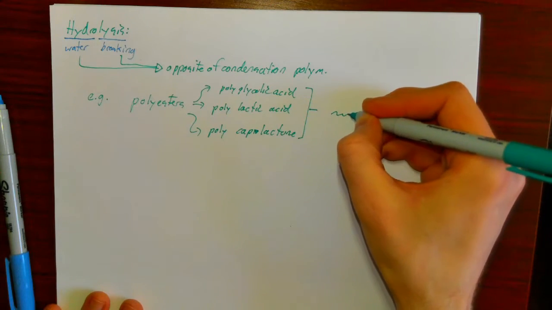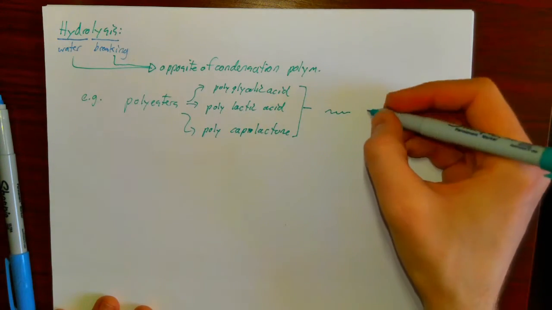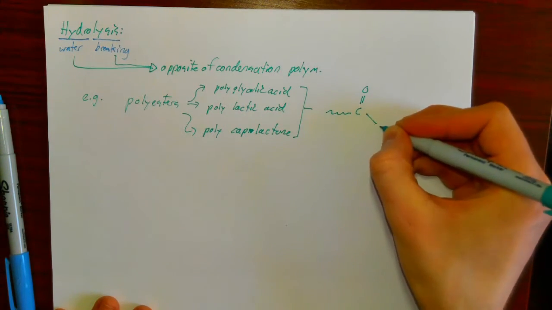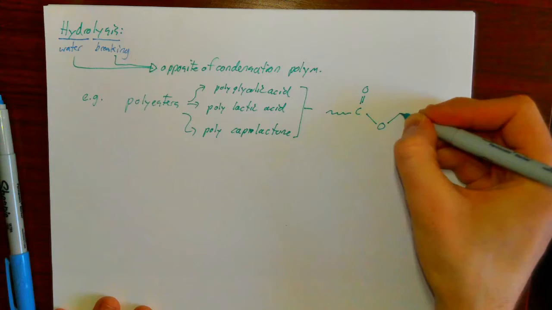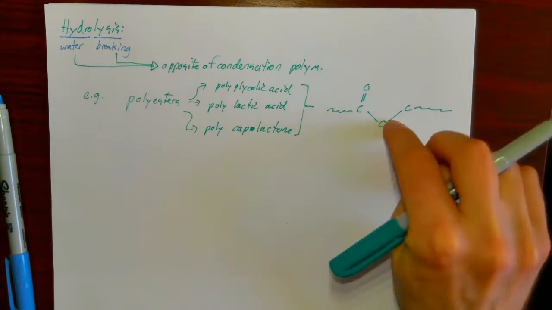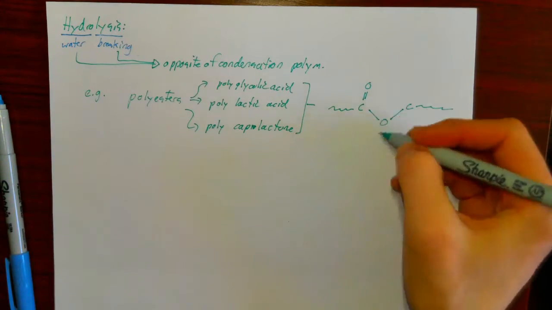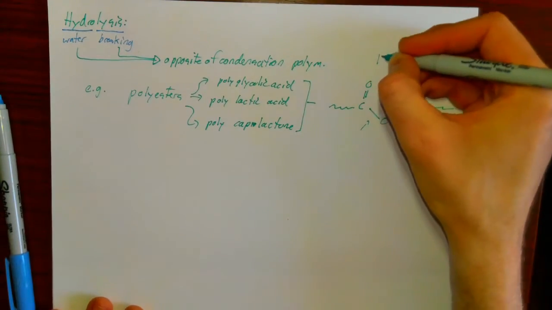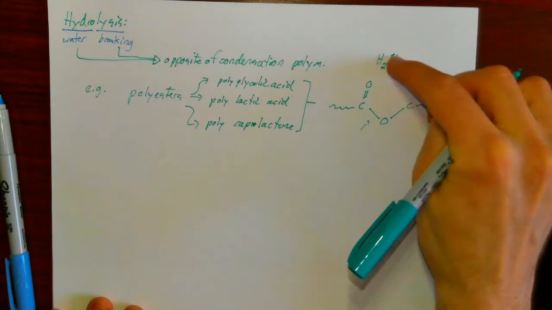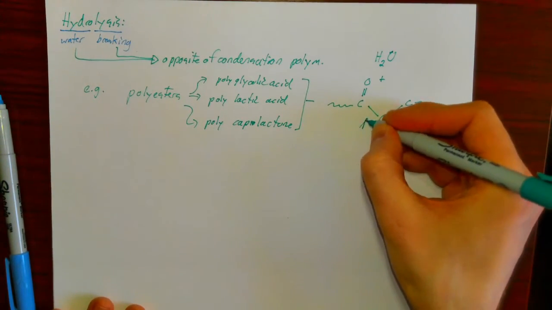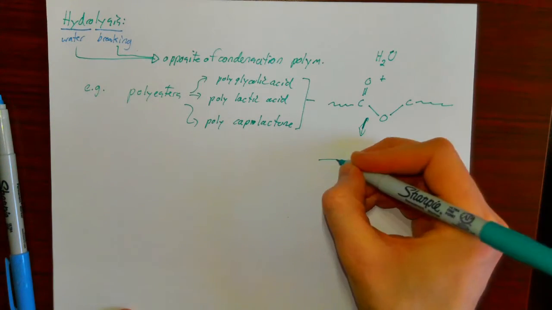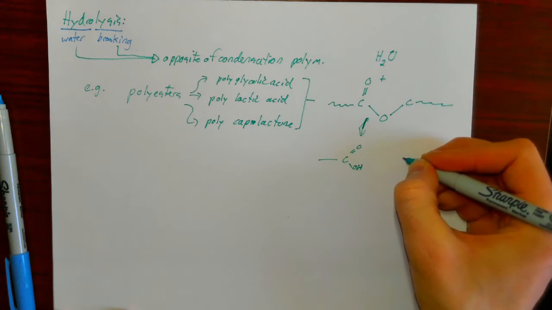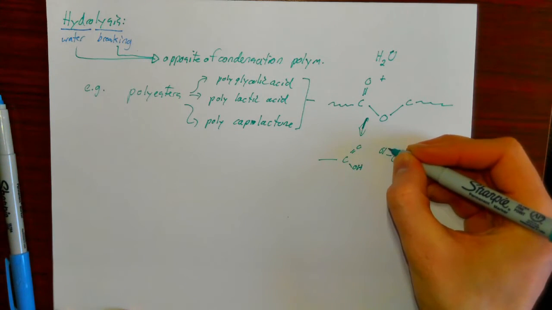If you remember, an ester bond is something like this, where there's a carbon double bonded to an oxygen, which is single bonded to an oxygen, which is single bonded to a carbon that makes up the rest of the chain. Water can come in, and if we have H2O plus this, the reaction essentially goes into reverse to create a COOH and a COH right here.